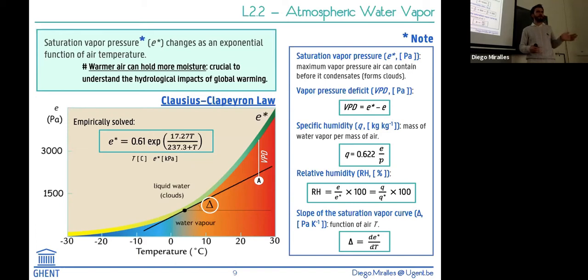It does not depend on humidity. You have a temperature, you can tell exactly what it is. So it's just a function of temperature, the saturation point. And the slope of this curve, of course, is also a function of temperature. You have high temperature, the delta will be high. And it's just the derivative of the two, the differential of saturation vapor pressure over the differential of temperature. This is the slope. Okay? So those are important concepts.